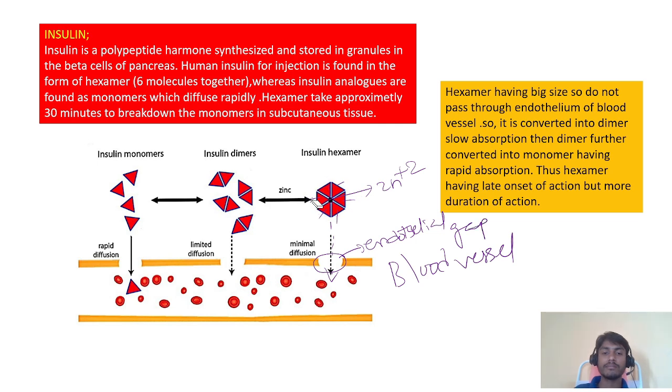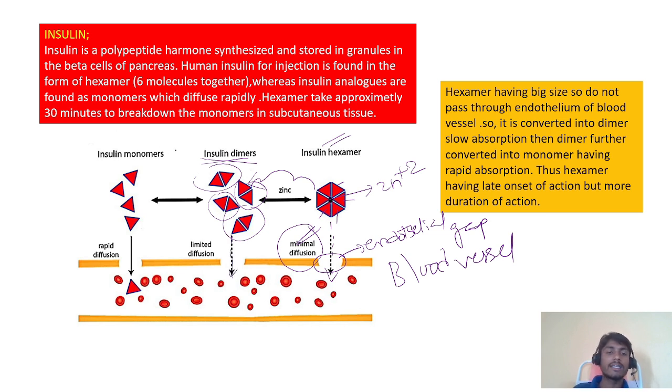After some time, the insulin hexamer is converted into dimers, which have limited diffusion.